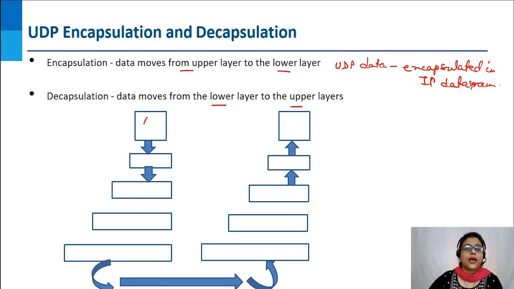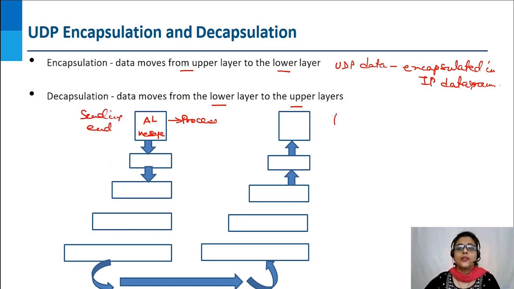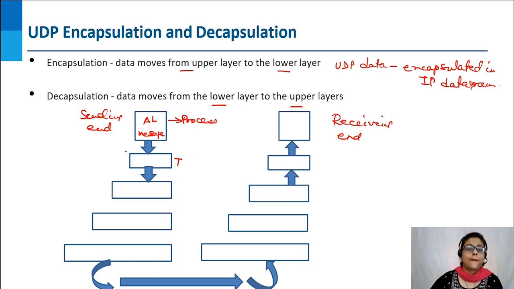Let's say we have the application layer here and a message from the application layer process. Let's say this is the sending end and this is the receiving end. Data from the application layer moves to the transport layer.